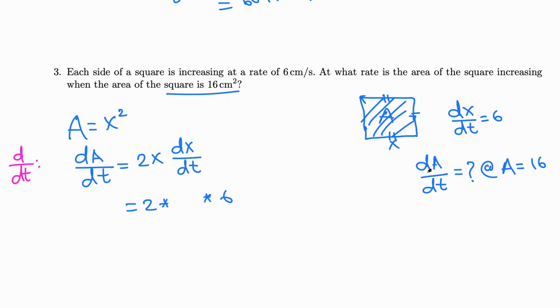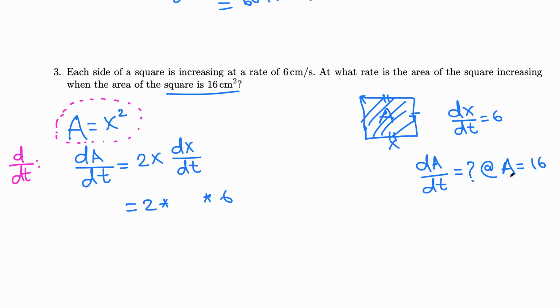Reading the question, we are trying to determine the rate of change of area when the area is 16. At that moment we need x, so we can use the same formula, the same relationship between A and x, to determine this missing x. Most of the time we use the same formula.